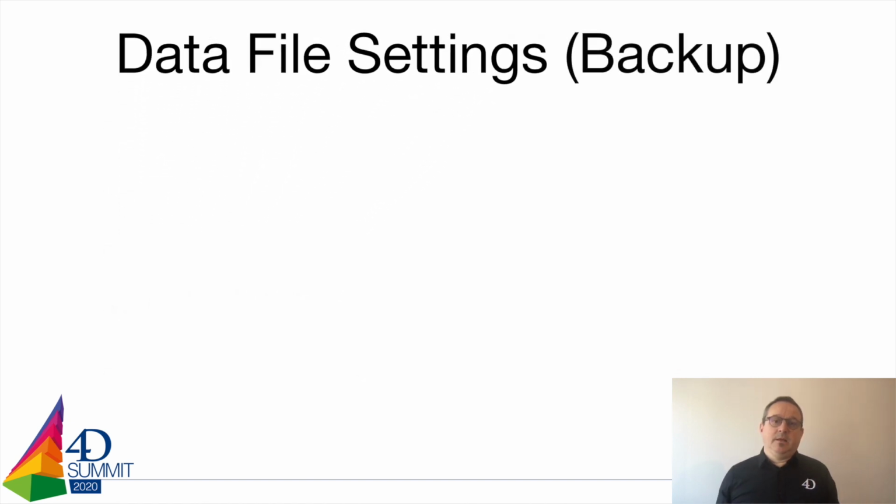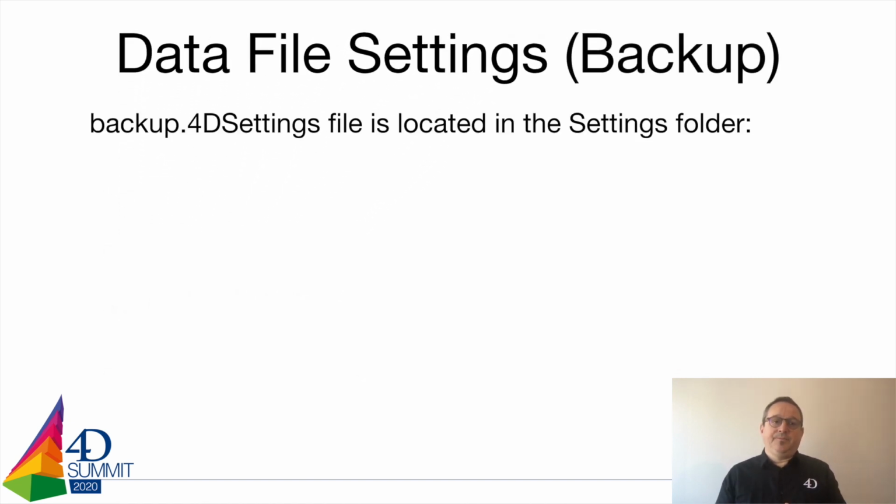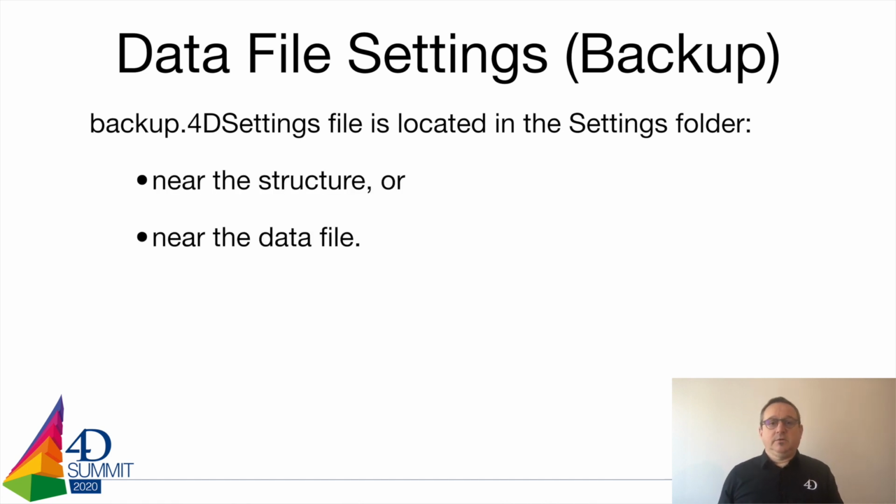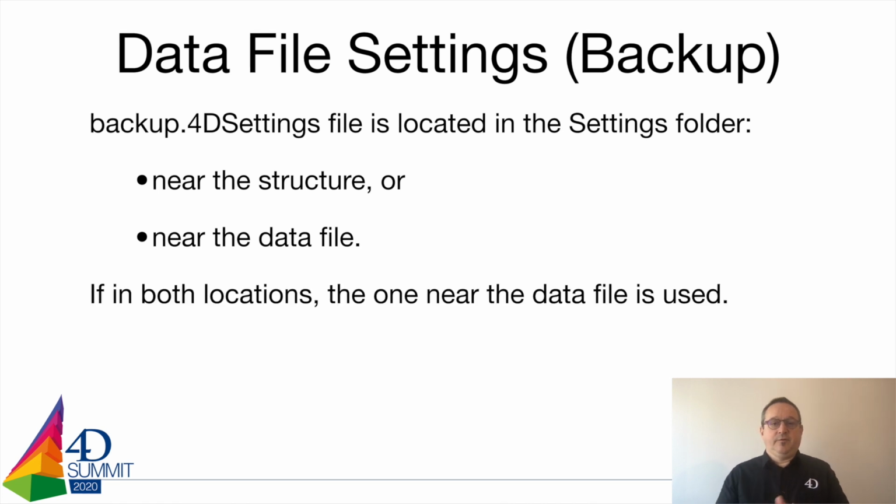In the same way, we now have a backup settings file. It's named backup.4DSettings, and it's located in the settings folder near the structure or near the data file. And in the same way as with the user and groups file, if you have a settings file in both locations, the one near the data is used.